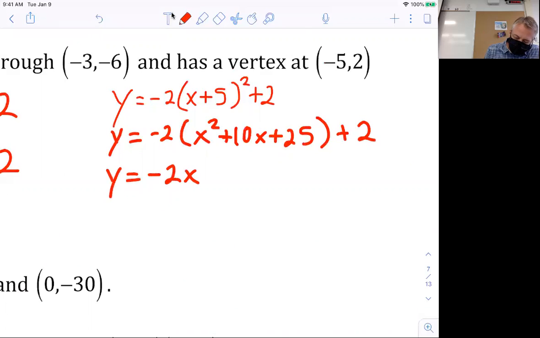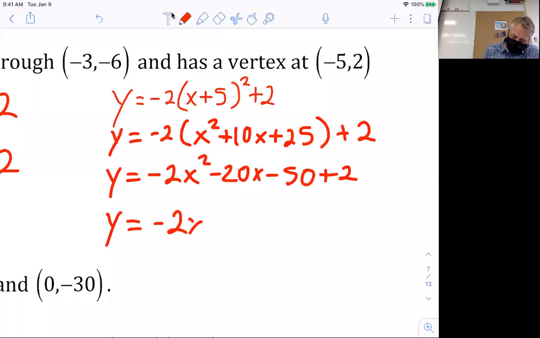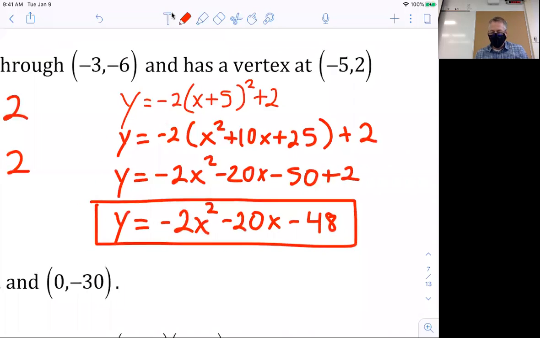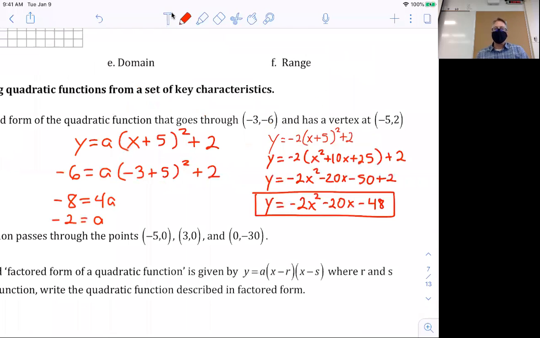So y equals negative 2x squared minus 20x minus 50 plus 2. And then just combine our like terms. So our final answer is y equals negative 2x squared minus 20x minus 48.